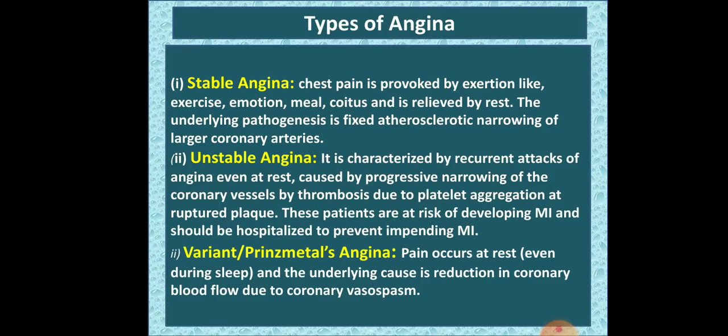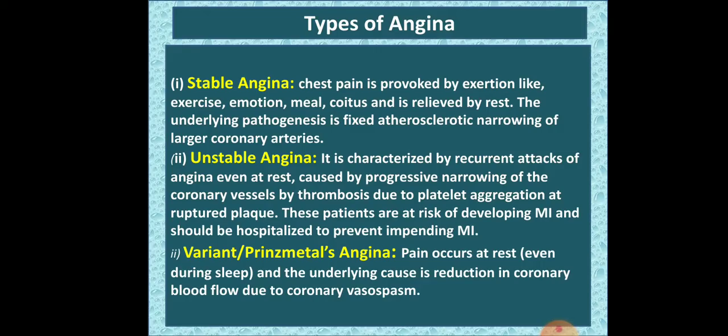If you can reduce the preload and the afterload, then obviously the workload of the heart will be reduced. Now how can you reduce the preload? If you do peripheral vasodilatation, especially in the venous system, then the venous return to the heart is reduced, and that's why there is a reduction in the preload. So the agents that cause venodilatation will reduce the preload and reduce the workload of the heart.